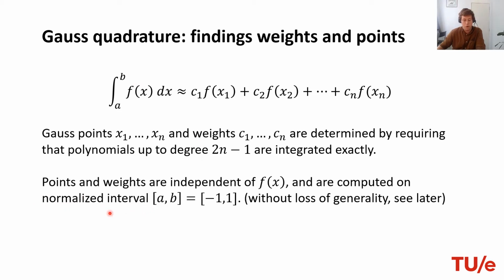So we normalize this interval a b to be from -1 to 1, such that these Gauss points x1 to xn are all included in this interval from -1 to 1. And this is without loss of generality, as you will see later, because we can easily transform this problem from -1 to 1 to any interval that you desire, where a and b are not equal to -1 and 1. But more on that will come later.